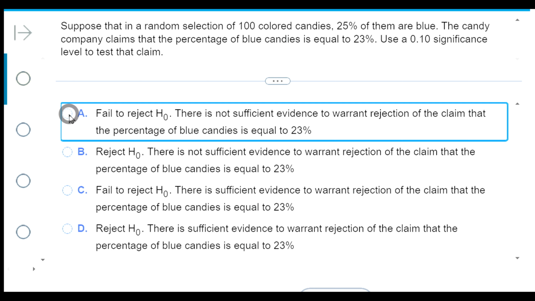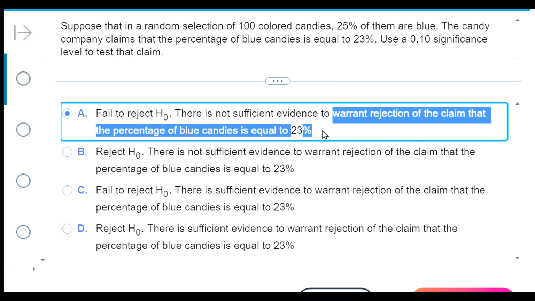Every single time I fail to reject, there's insufficient evidence. Insufficient evidence to what? To reject. All that stuff I highlighted right there might as well say to reject H0. Then this thing would read, fail to reject H0. There is not sufficient evidence to reject H0.